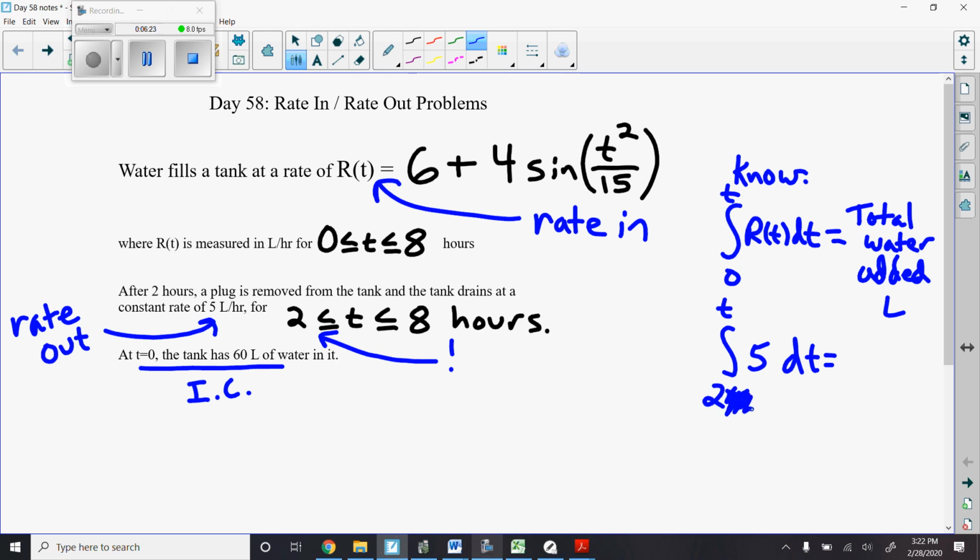The integral from 2 to t, right? I'm going to pretend like I made that mistake on purpose. I didn't, okay? But it's an easy mistake to make. Integral from 2 to t of 5, right? That's our rate out. The integral of the rate out gives us total water drained in liters.